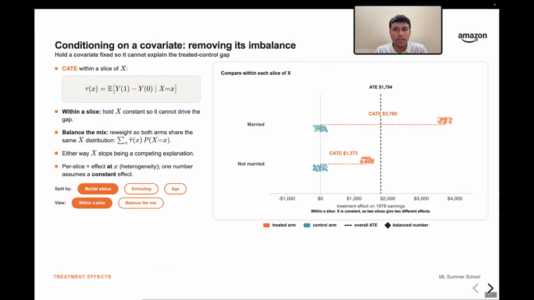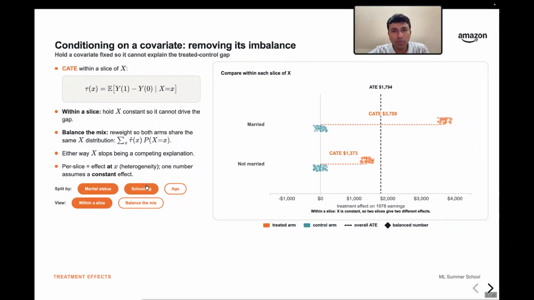We'll give less weightage to the married population and more weightage to the not married population, such that both of their effects are balanced. Since we are balancing the marriage proportion, whatever value we get out of it will be free from the effect of marriage. That is one more way to compute Kate.